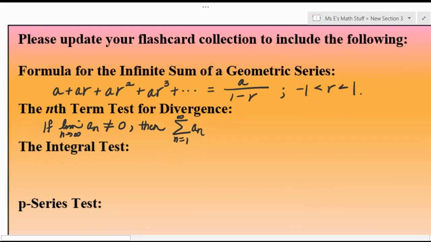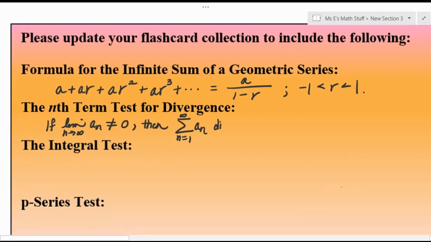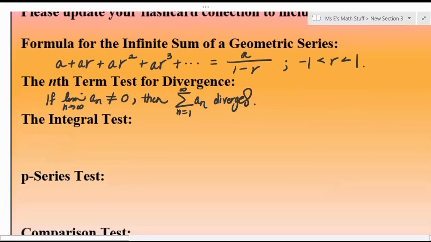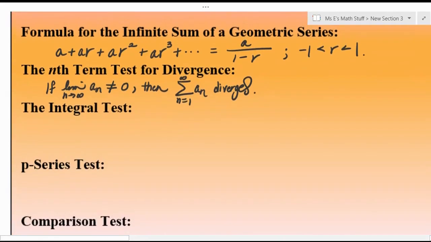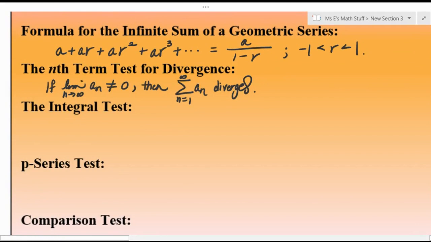It would mean that the sum diverges, okay? Be careful, just because your terms do go to 0 will not mean that your sum converges. So do not read more into that one than there really is. That can be problematic.